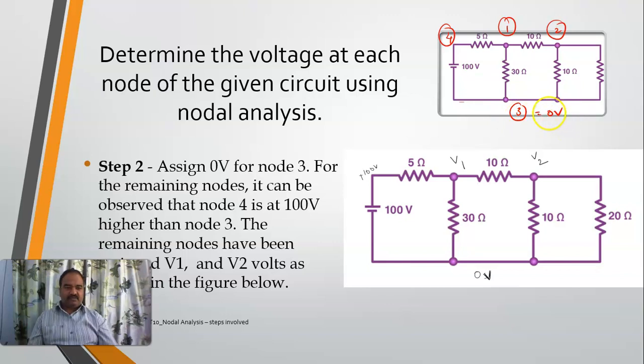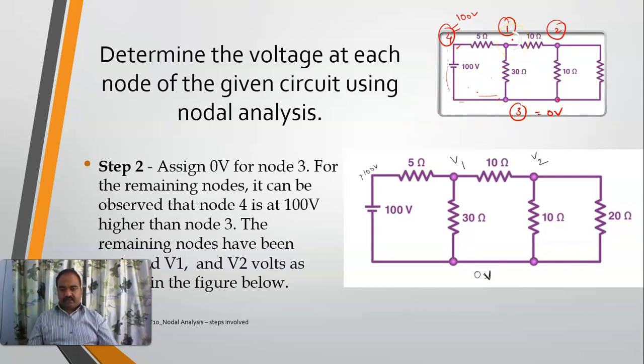Since this is 0, this point is at 0 and this point is also at 0. If I move from here, this point is at 100 volts above this one. So at 4, I by default have 100 volts. Because there is a 100 volts voltage source between 4 and 3, which means that if 3 is 0, 4 is at 100.